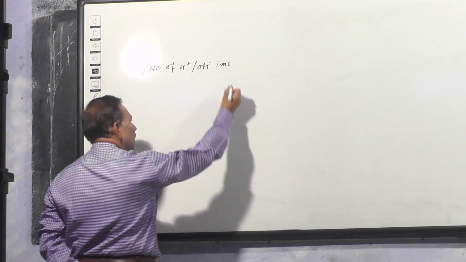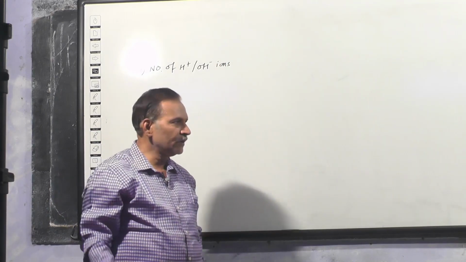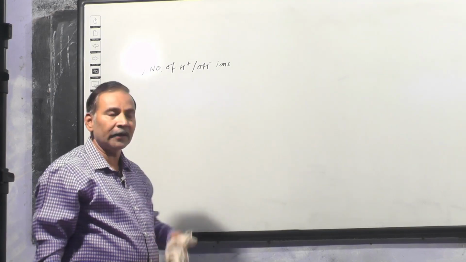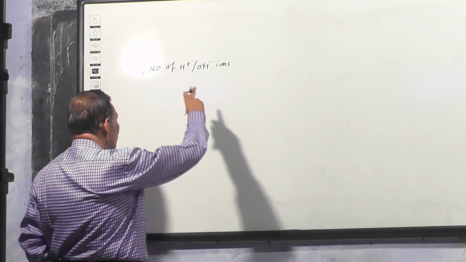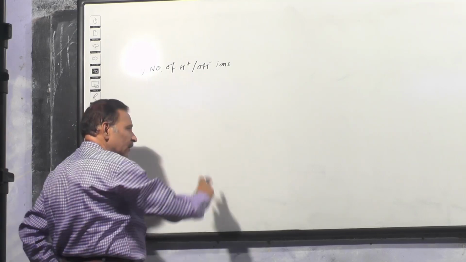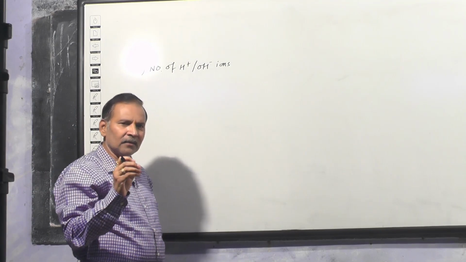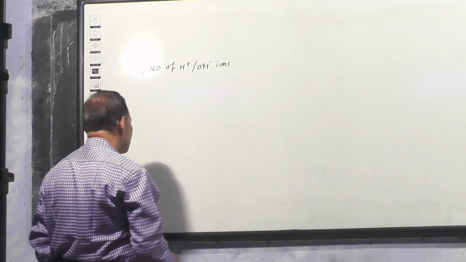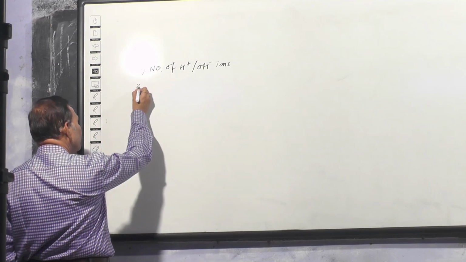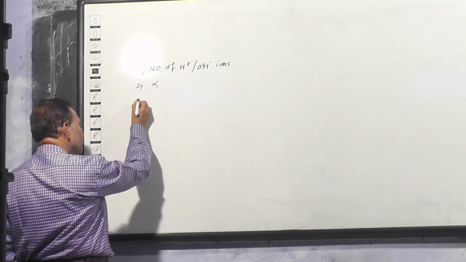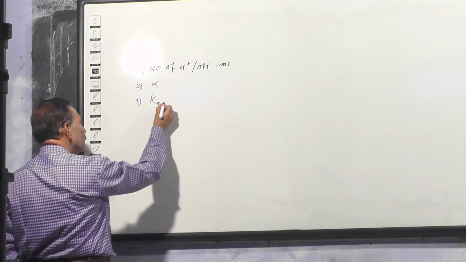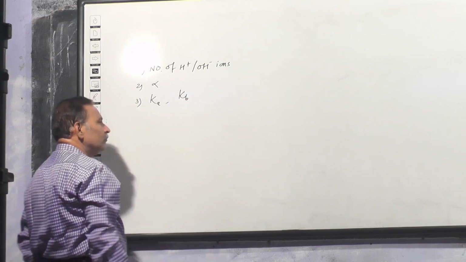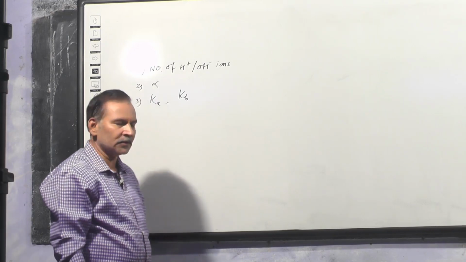Acid is a substance that gives H plus. Base is a substance that gives OH minus. Now, how many H plus and OH minus are given by that formula? That decides a lot of things in the further part of the topic. The second thing we come to know is alpha, and the third thing, by Ostwald dilution law, we have come to know Ka for acid and Kb for base. So, why have I written these 3 points?